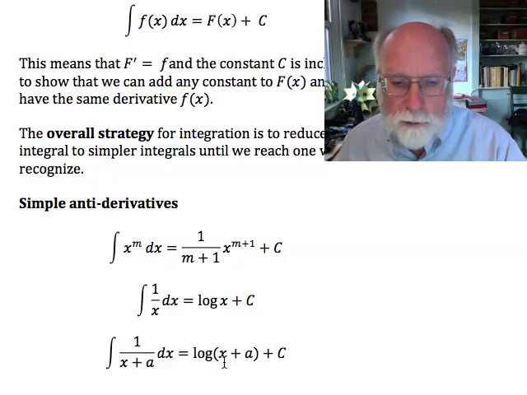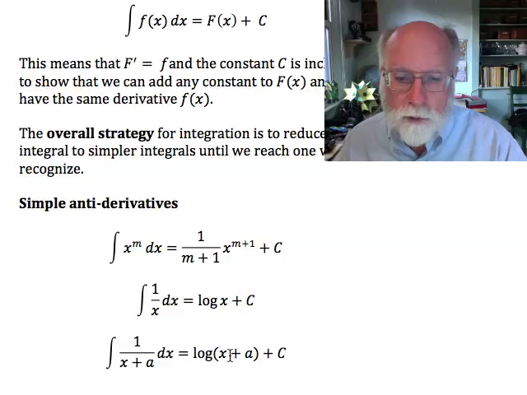How do I know that? Well, you take the derivative. What is the derivative of log of x plus a? Well, it's a chain rule. We have x plus a substituted into the logarithm, so we get the derivative of log, which is 1 over. So we get 1 over x plus a, and we have to multiply by the derivative of x plus a, but that derivative is 1, so it disappears here.